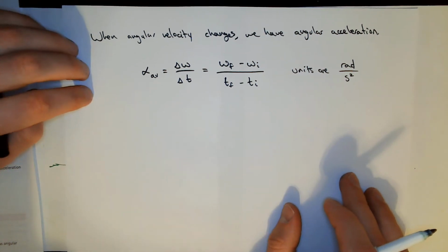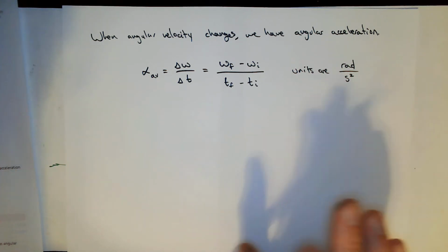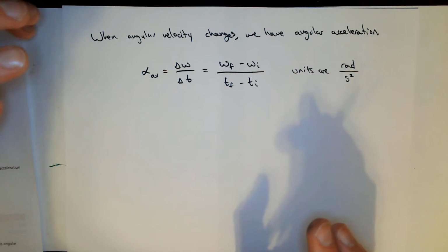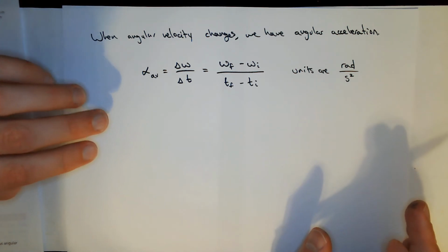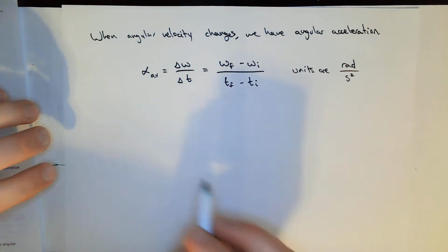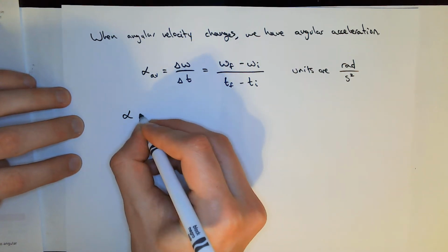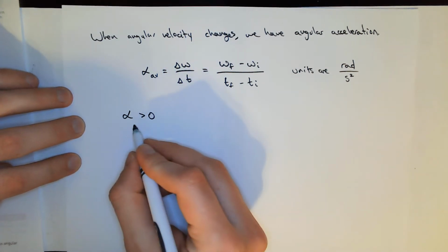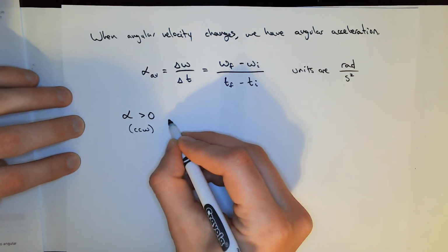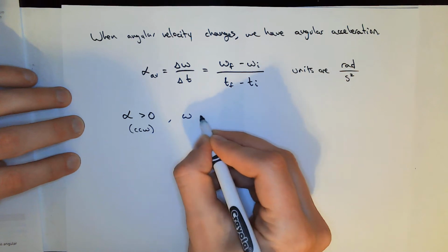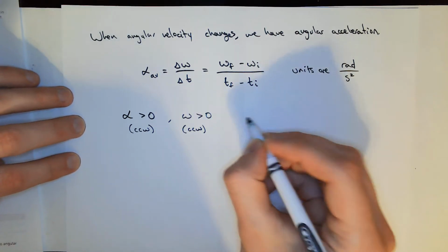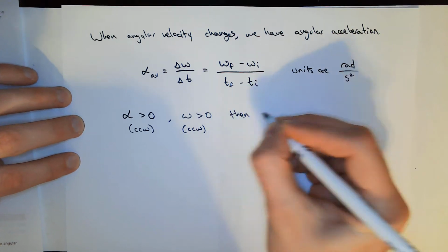But just like with linear acceleration, we have some weird relationships between acceleration and velocity. So let's look at these. If acceleration is positive, say counterclockwise, and omega is also positive, so going the same direction, then they are working together.